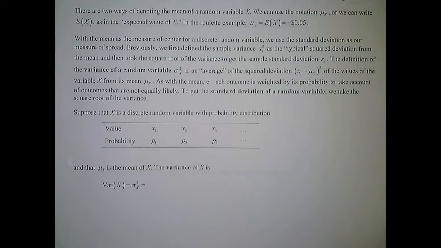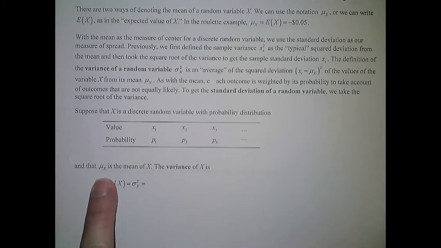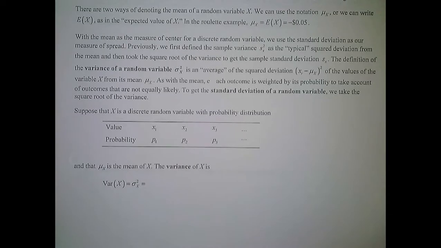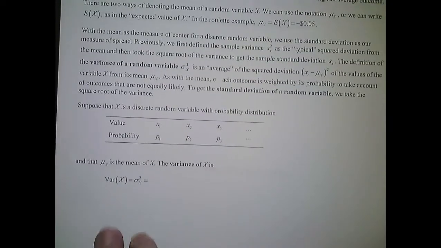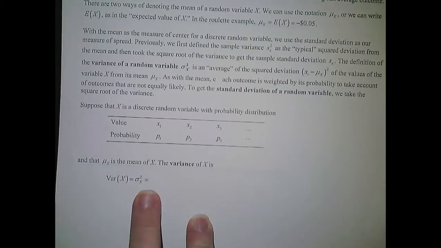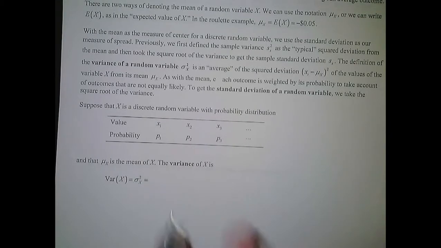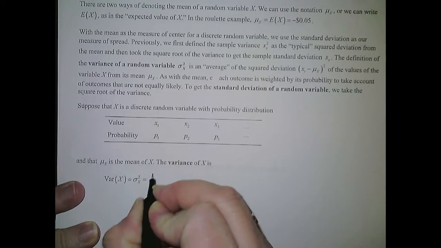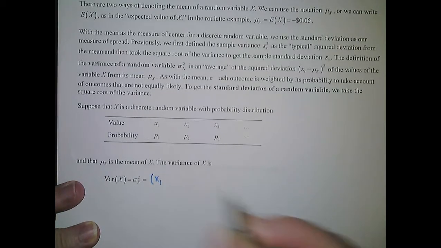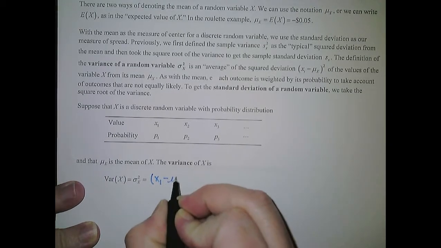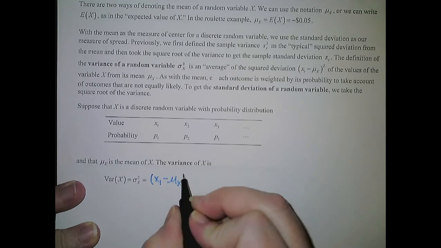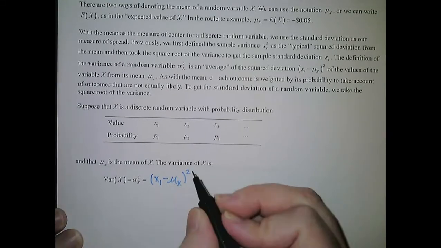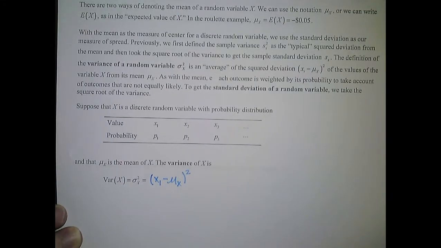So suppose that we have a random variable x with a mean mu of x. We calculate the variance of the random variable x, or sigma squared of x, by taking each of the outcomes, so starting with the first outcome, subtracting the mean, mu of x, and squaring it, just like we calculated the variance before. But now we have to weigh it.